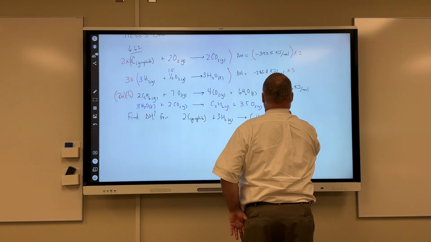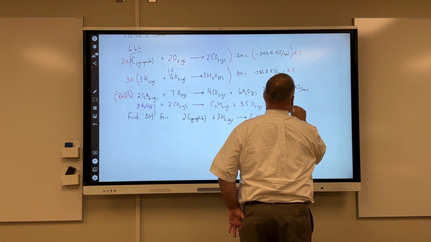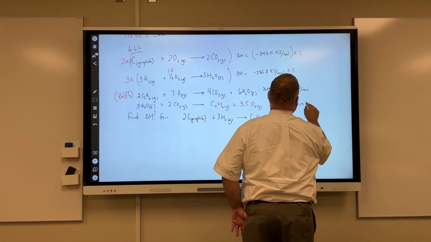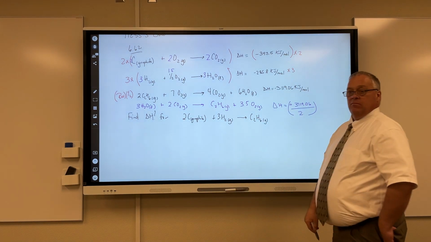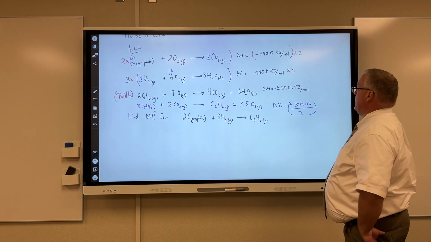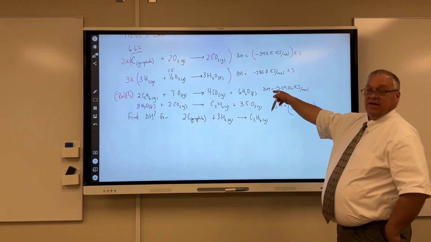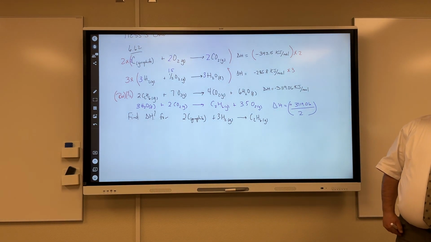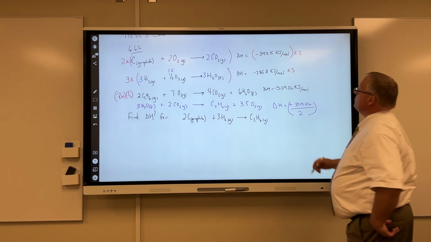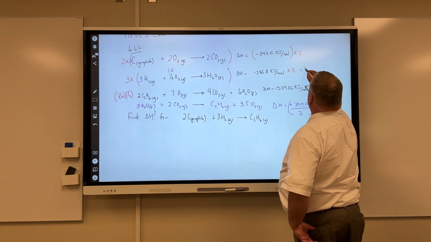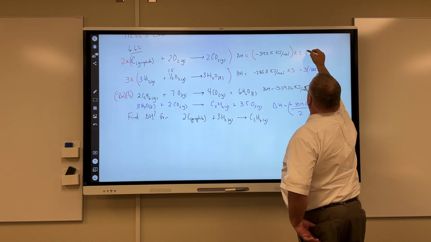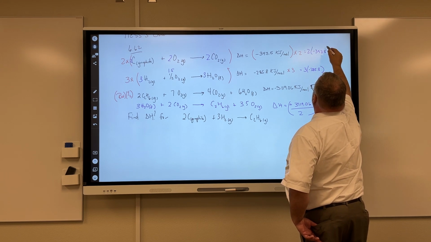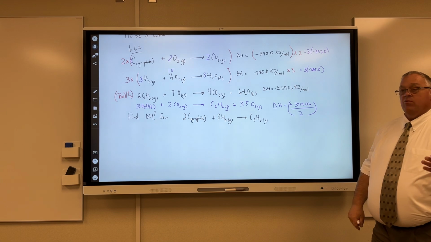With a delta H equal to a positive 3119.06 divided by 2. Since we reverse it, we change the sign from a negative to a positive, and we half it, we just divide it by 2. This one would be equal to 3 times a negative 285.8, and this one would be equal to 2 times a negative 393.5. So now, let's see what we can cancel out.